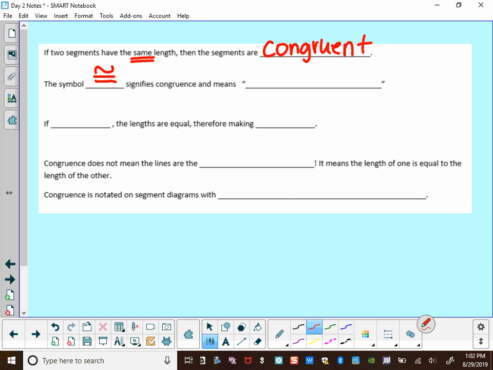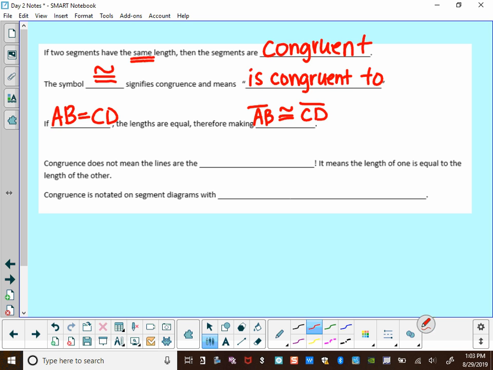And it signifies the term is congruent to. So let's say for instance we have a segment AB is equal to CD. The lengths are equal, therefore making segment AB congruent to segment CD.